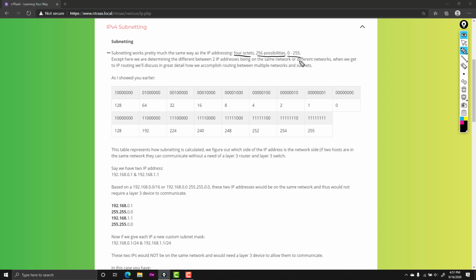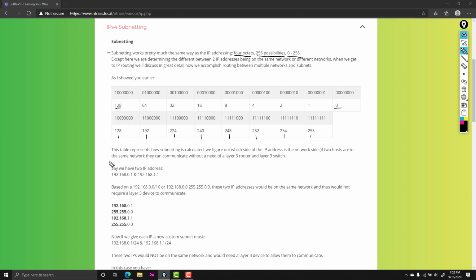So as we showed you earlier, here is the table again. You use each bit to determine the addition or subtraction depending on which way you're going. From 128 down to 0, this gives you potential masks of 128, 192, 224, 240, 248, 252, 254, and 255, depending on what network that IP address exists on.